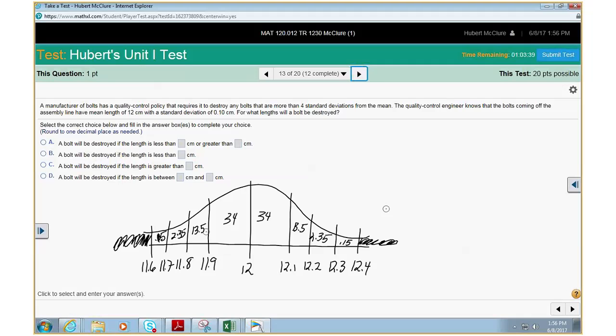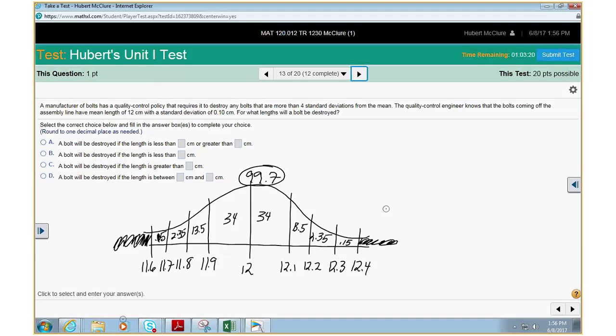I think this is 99.7, is it not? Somebody check the picture, I don't know if it's 99.7 or 100. Okay, well then, that means it's gonna be 0.